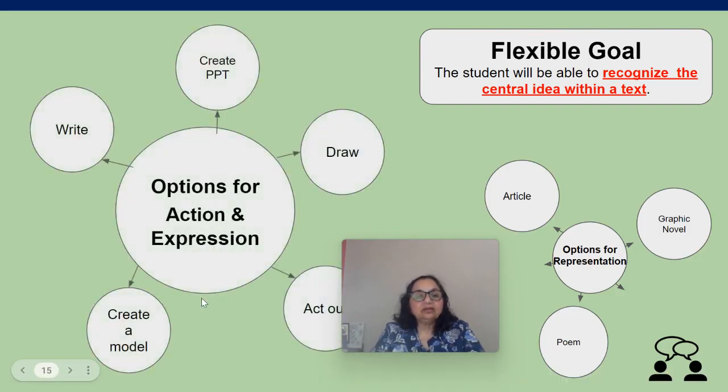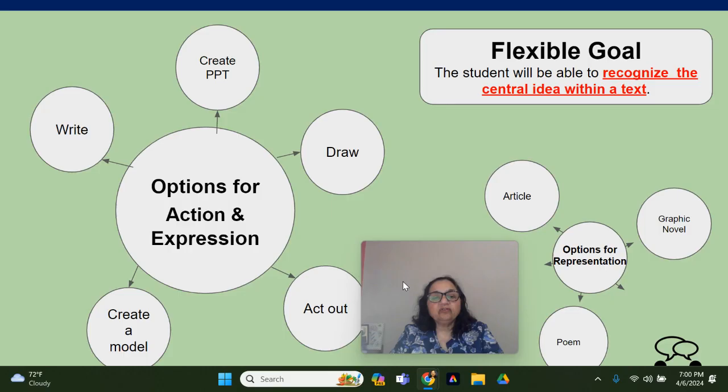Then let's look at the options for action and expression to see if they have learned. We can give them multiple options. They can create a PowerPoint, draw, act out, create a model, or write. So we are offering them choices to express what they have learned from the lesson in the way they need to.